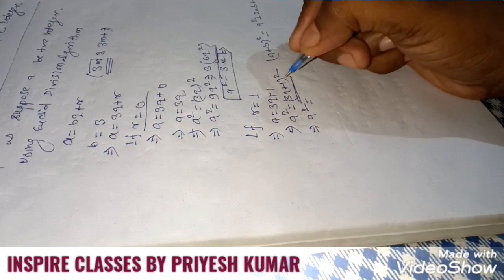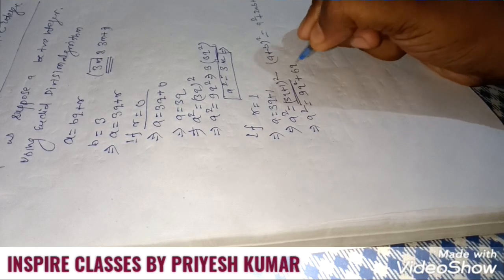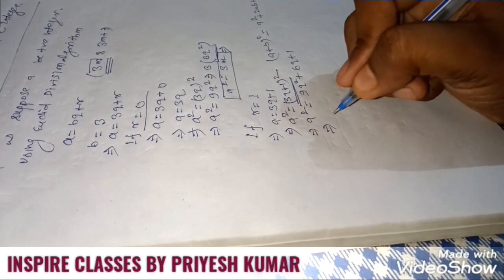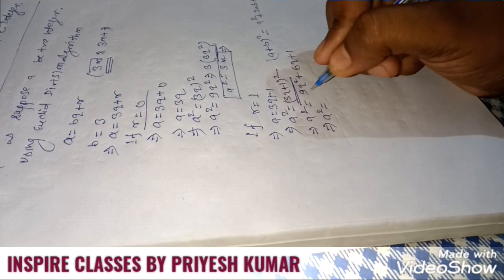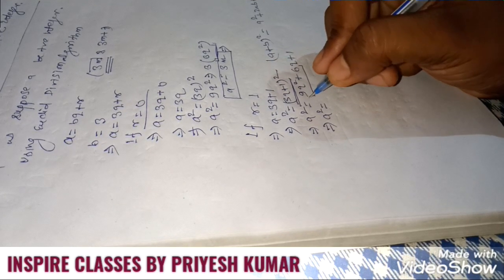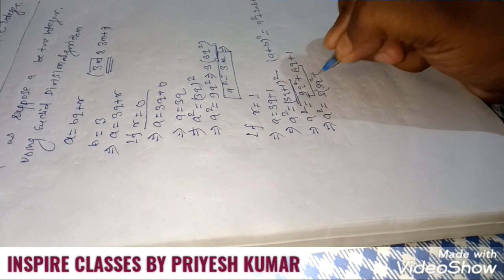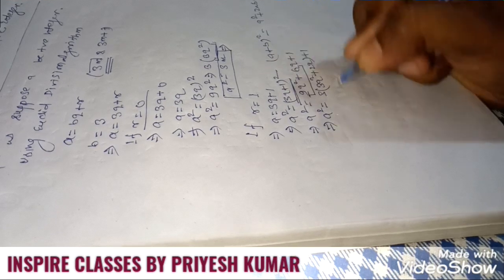That's why it will be changed as 9q square plus 6q plus 1. This will be a square is equal to, you will take 3 common from these two expressions. This will be 3 into (3q square plus 2q) plus 1.